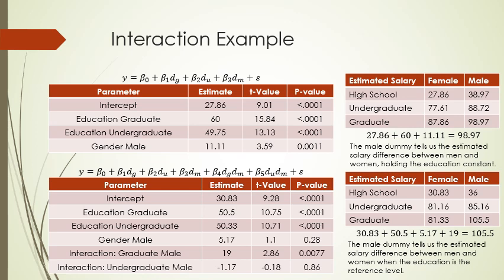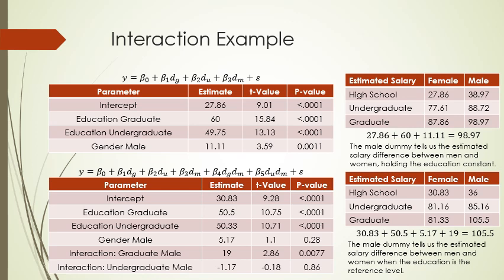The coefficient of the male dummy term B3 tells us the estimated average salary difference between men and women, holding the education constant. Here, the salary difference is 11.11K, highly significant with a p-value of 0.0011.